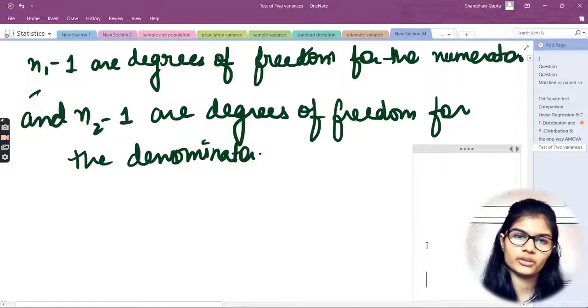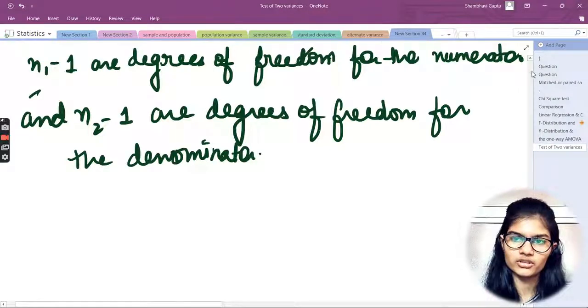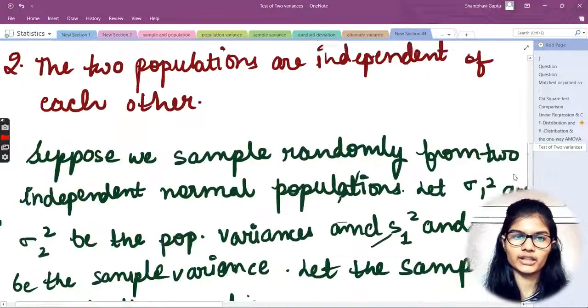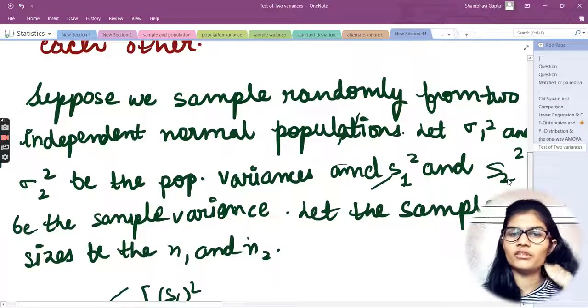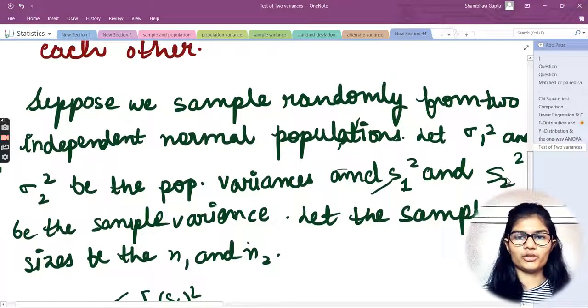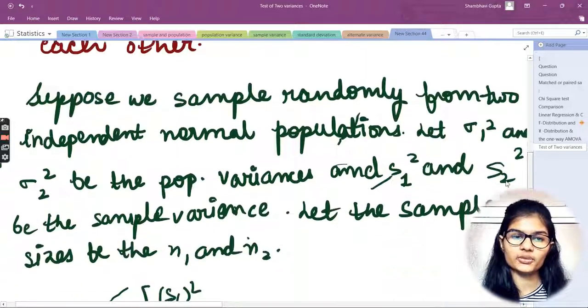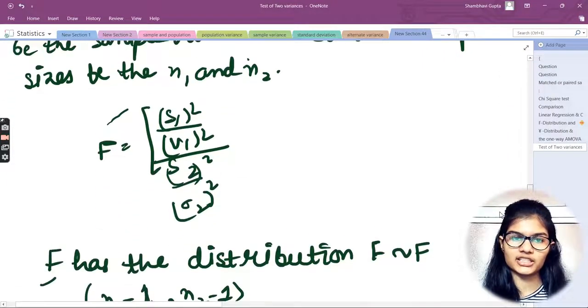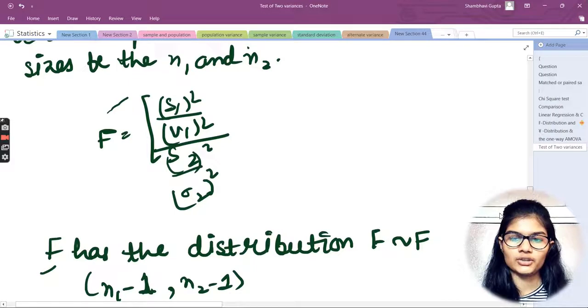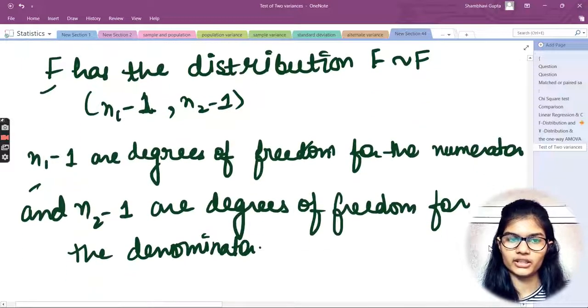So hope I am very clear with all of those things I have mentioned. Let me give you the idea again. We have taken an example that suppose we sample randomly from two independent normal populations. Let sigma 1 square and sigma 2 square be the population variances, and S1 square and S2 square be the sample variances. Let the sample sizes be N1 and N2. So F is equal to S1 square upon sigma 1 square upon S2 square upon sigma 2 square.